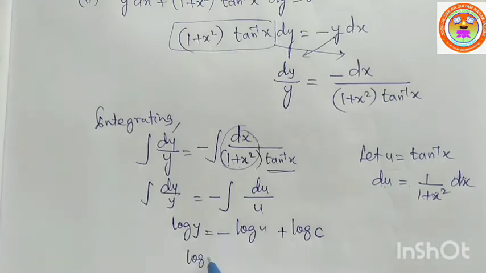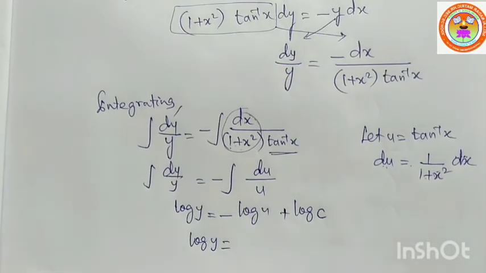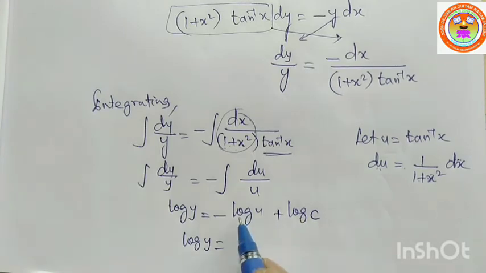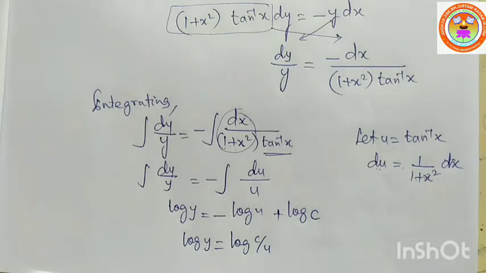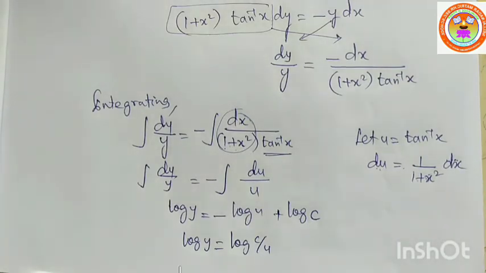So log y is equal to, see here, log a minus log b is log of a by b. So log of c by u. Now we are going to eliminate this logarithm. How can we eliminate it? By taking exponentiation on both sides.